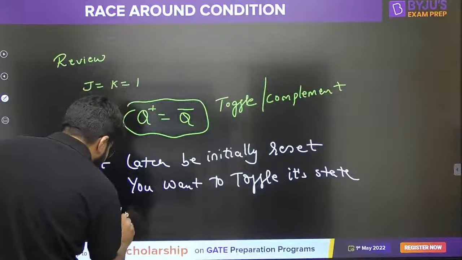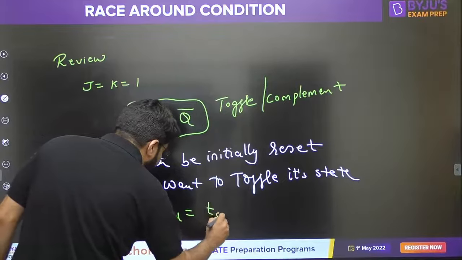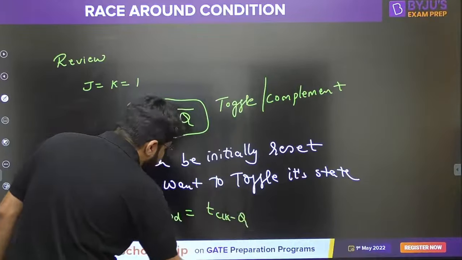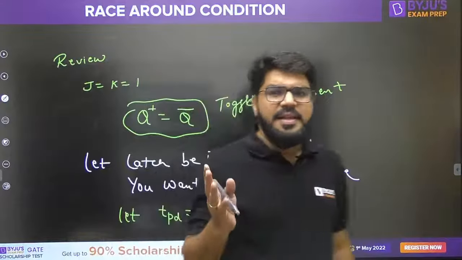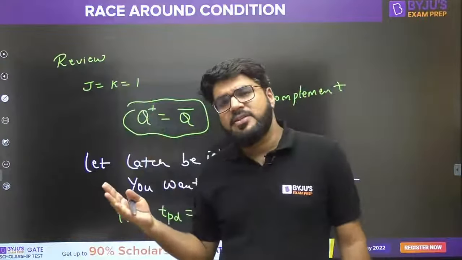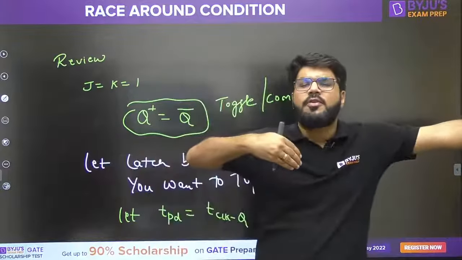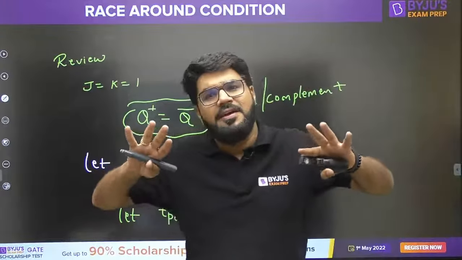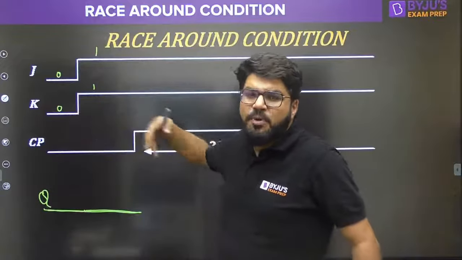Let's say the propagation delay of the latch is also known as T clock to Q. Now, what is the meaning of T clock to Q? We know that normally the delay in a circuit is the time between the application of input till the production of output. But here, you have applied the input, but when is the input accepted?